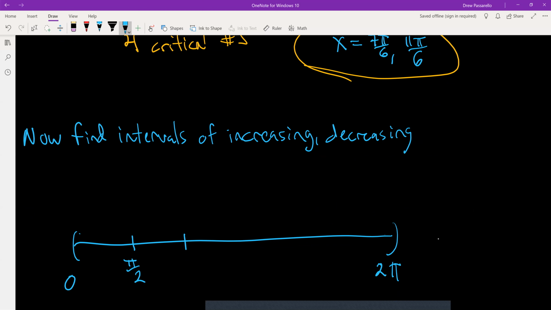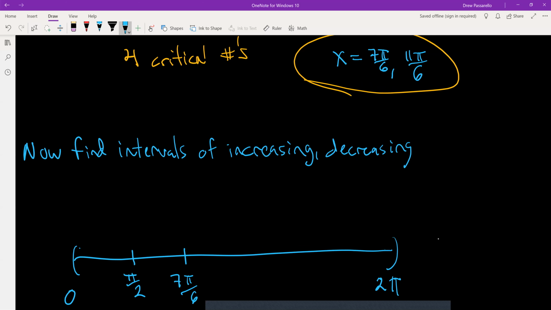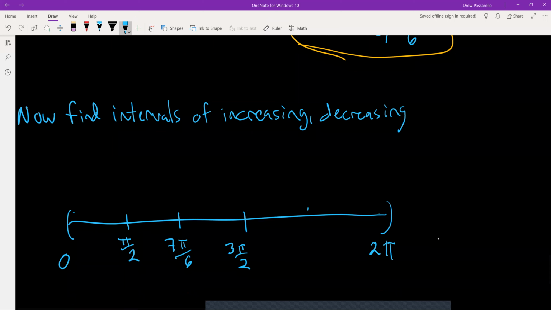So I'm just going in ascending order, so 7 pi over 6. And then the next one would be 3 pi over 2. And then the last one, 11 pi over 6.